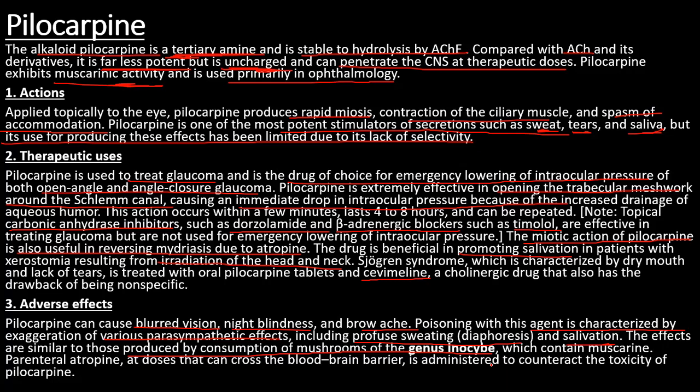Also, these symptoms are the same ones which will be observed in organophosphate poisoning, especially in farmers who had the intention of committing suicide, and they use malathion to take their lives but don't die. They present with those symptoms, and how you reverse that is you give an injection, parenteral atropine, at doses which can cross the blood-brain barrier, so as to counteract the toxicity of pilocarpine.